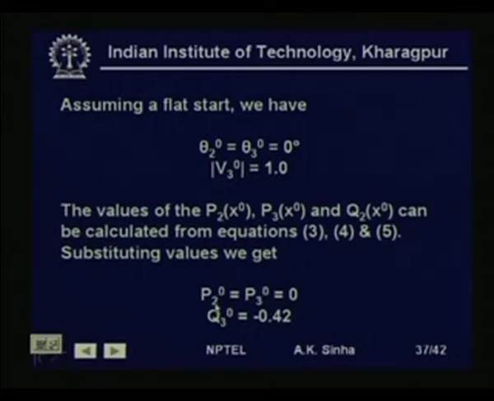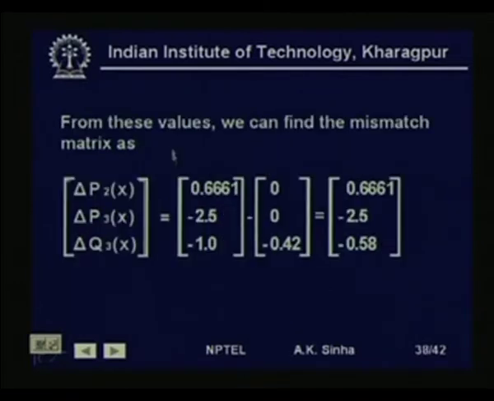Substituting the values, we get P2 is equal to P3 is equal to 0 and Q3 is equal to minus 0.42. Now substituting these, we can find the mismatches like this. So, we will have the mismatch values as 0.6661 minus 0, that is delta P2; delta P3 is minus 2.5 minus 0; delta Q3 is minus 1 minus 0.42.